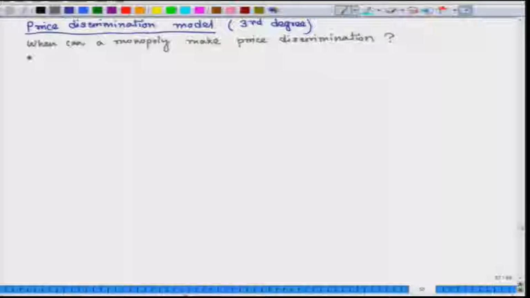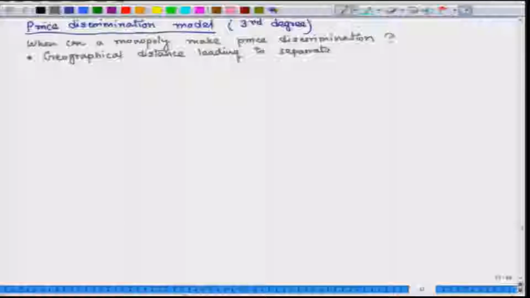So, there could be some geographical distance, the markets are separated, so let us focus on this geographical distance.